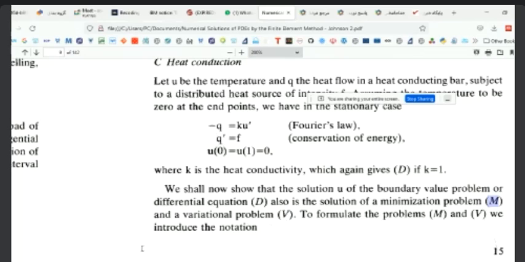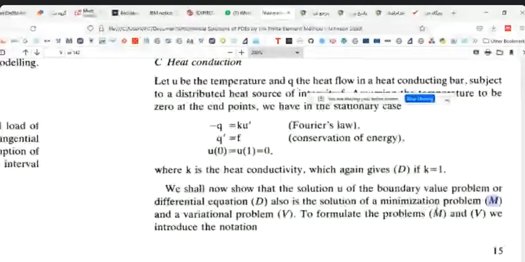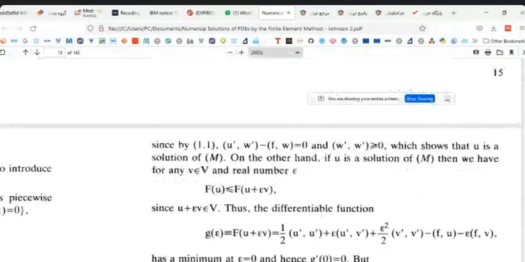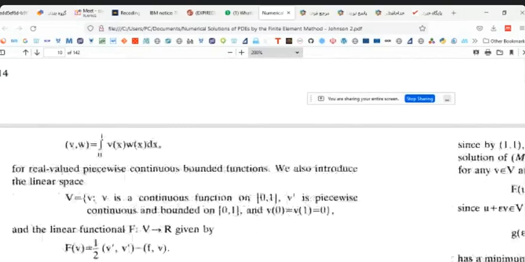And we want to formulate the minimization problem M and variational problem V. We want to introduce this notation.